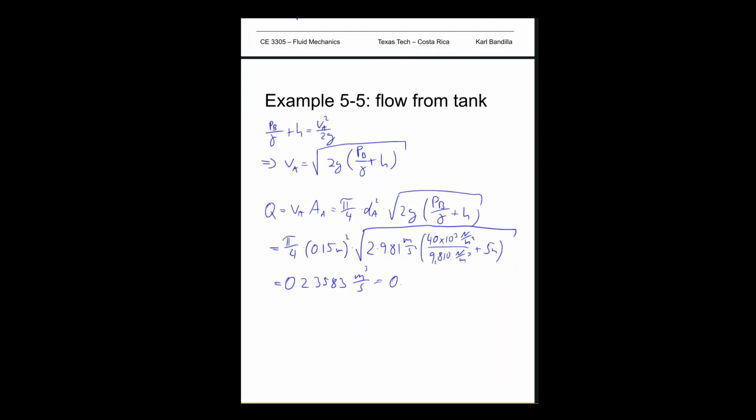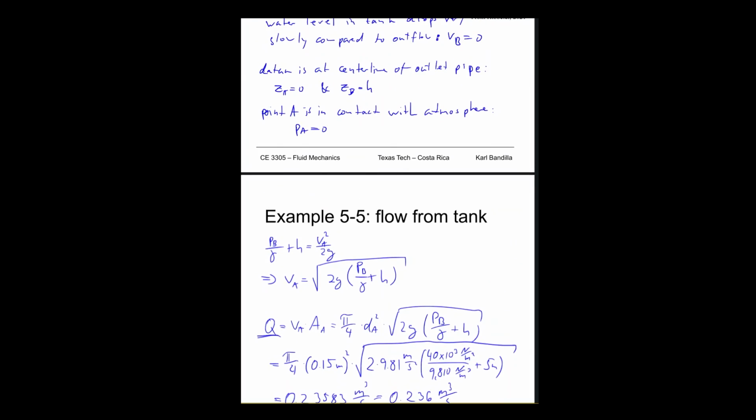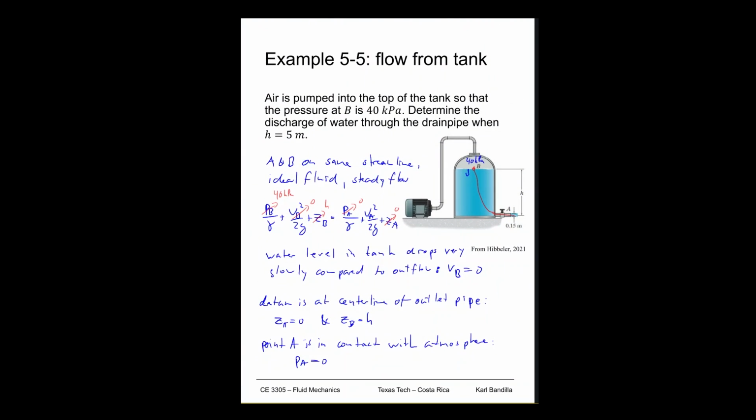So if we round it to 3 significant digits, 0.236 meter cubed per second. And that's our flow rate. All right, so this is a flow rate that we found if we have a pump generating a pressure at the top of our tank here, and we get a constant outflow.